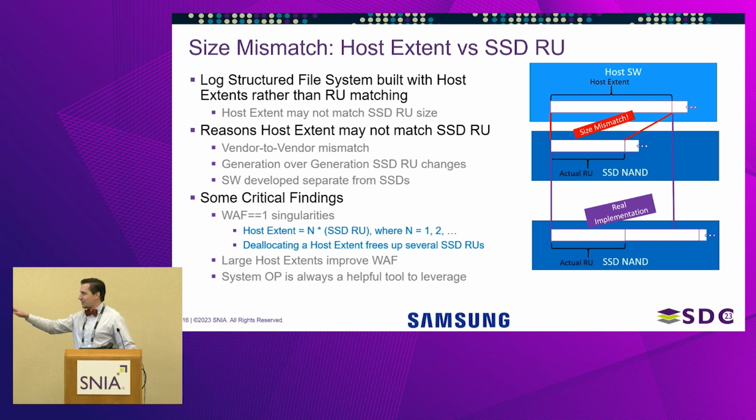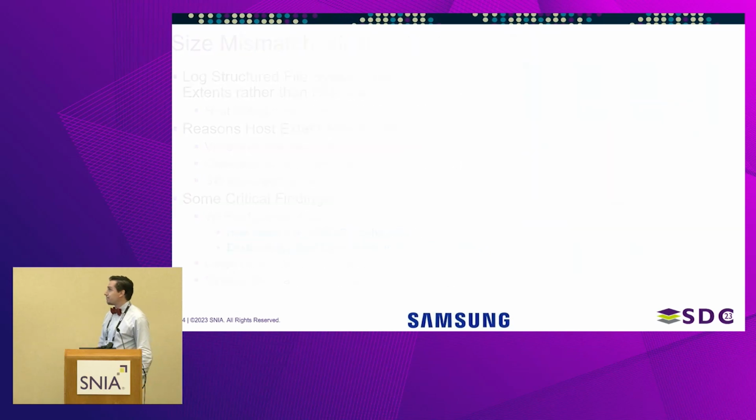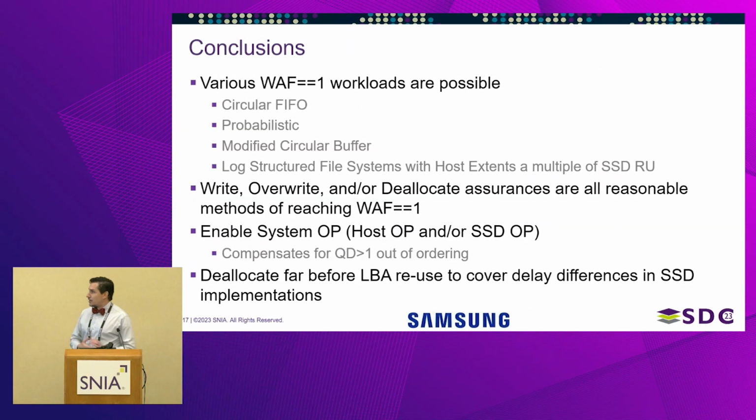But again, we also found in our simulations another positive support for allowing system-wide OP, whether SSD or host utilization, host-side OP. So, just a summary here: I gave a few example workloads that achieve write amplification of 1, and we spoke through a few examples, describing them as writes, overwrites, or perhaps deallocate assurances, in order to think about it as a host that's going to try to achieve write amplification of 1.